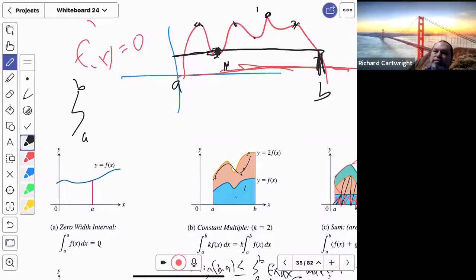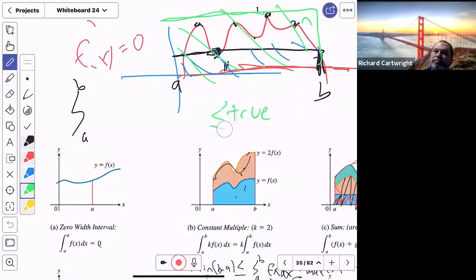And so maybe, hundreds of years ago, the best they could do is say, my actual answer has to be greater than this rectangle. However, at the same time, it has to be less than that rectangle. So all you know is that here's the true answer, and it's bigger than or equal to this, and less than or equal to this.